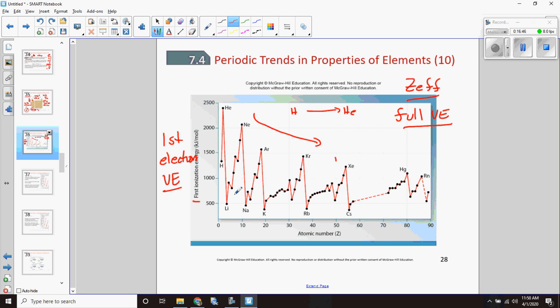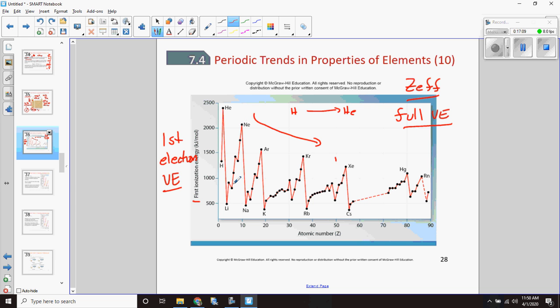Okay? So take a look at this interesting phenomenon going from lithium to neon. As expected, the ionization energy increases going from lithium to neon because the effective nuclear charge goes from +1 to +8. But there's more going on.